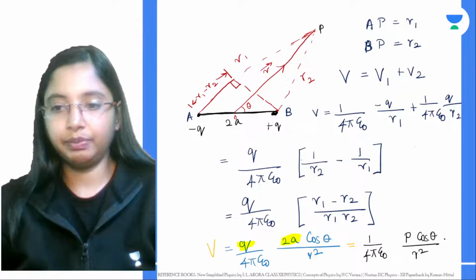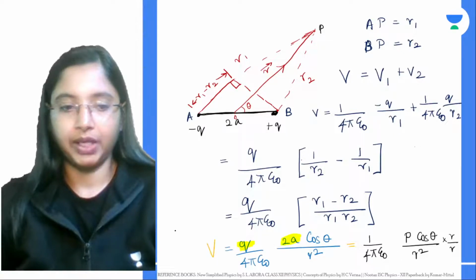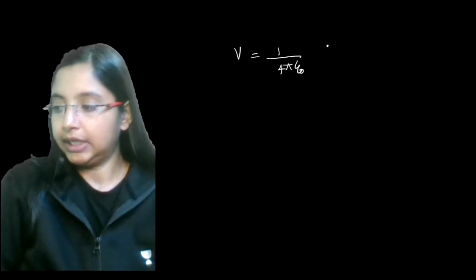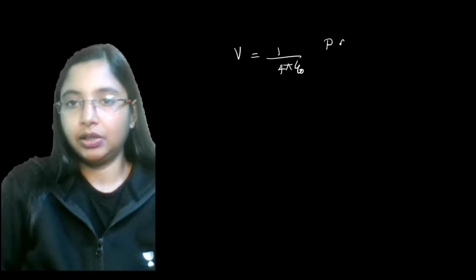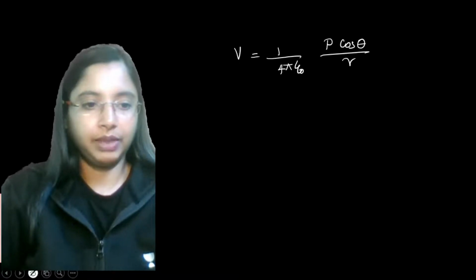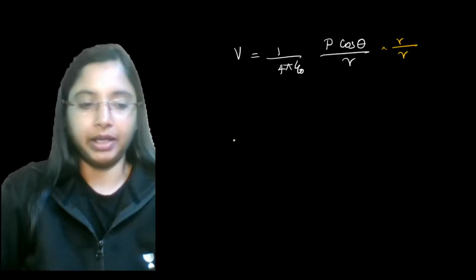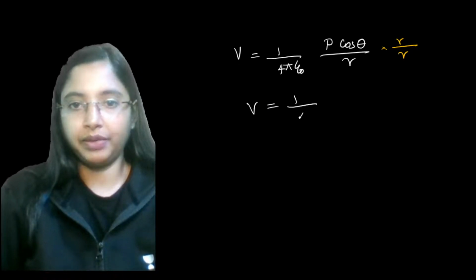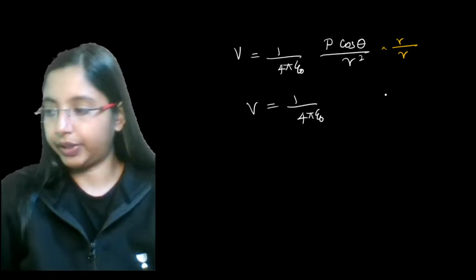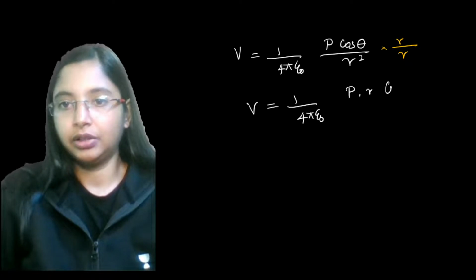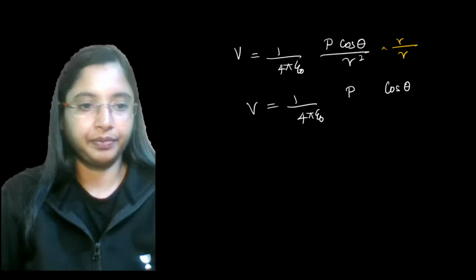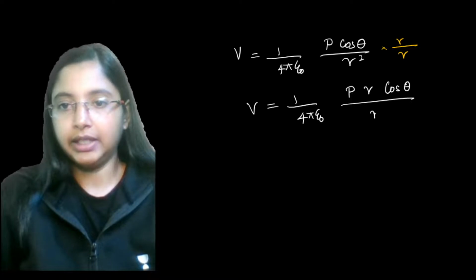What we're going to do is multiply and divide by R. So, multiplying this quantity 1 by 4 pi epsilon naught, we have P cos theta by R, multiplied and divided by R. When that happens, V is equal to 1 by 4 pi epsilon naught, this being R square, P R cos theta, where cos theta comes from a dot product, divided by R cube.